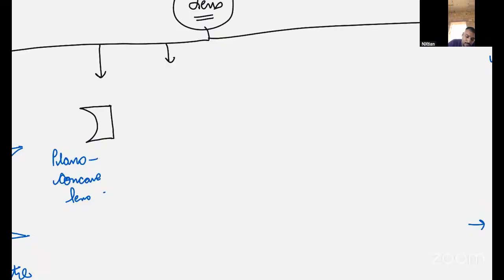One side of this is concave, which is the major part, and the smaller part is convex. This one is called convexo concave. Convexo concave. Got it?